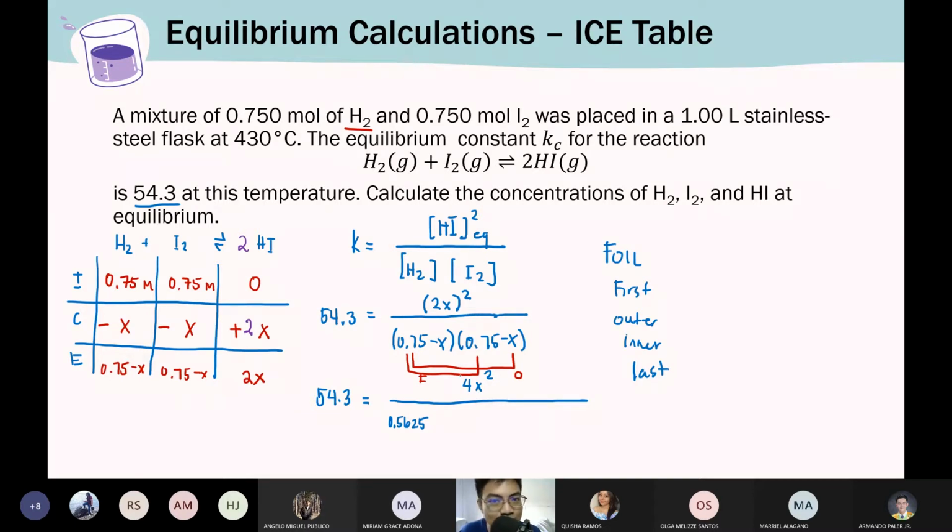Outer, 0.75 times negative x, so that's negative 0.75x. And then the inner, negative x times 0.75, so ganun pa rin, it's still negative 0.75x.